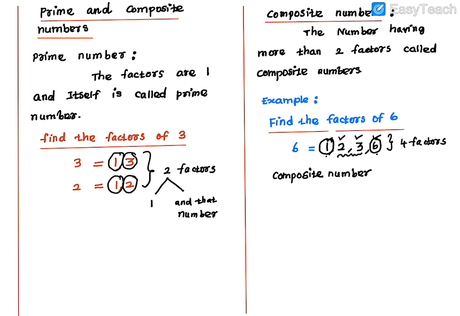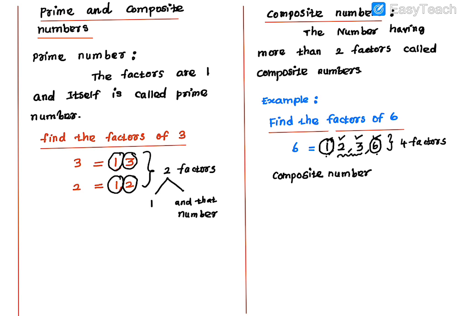Okay, so in your higher class you will learn about what is called co-prime numbers also. And the next one, I will give one more example. You have to find whether it is a prime number or what's called a composite number.